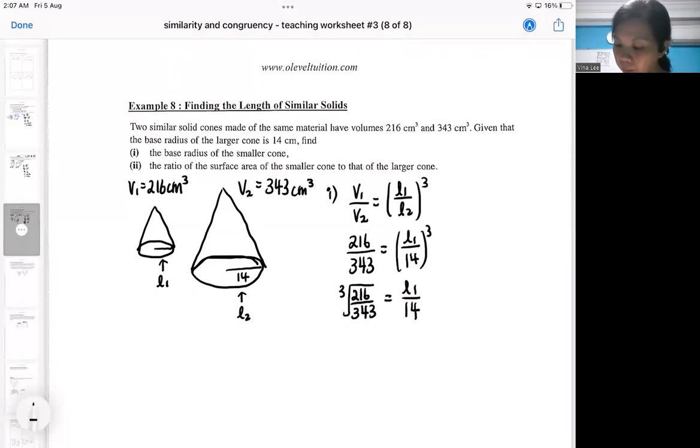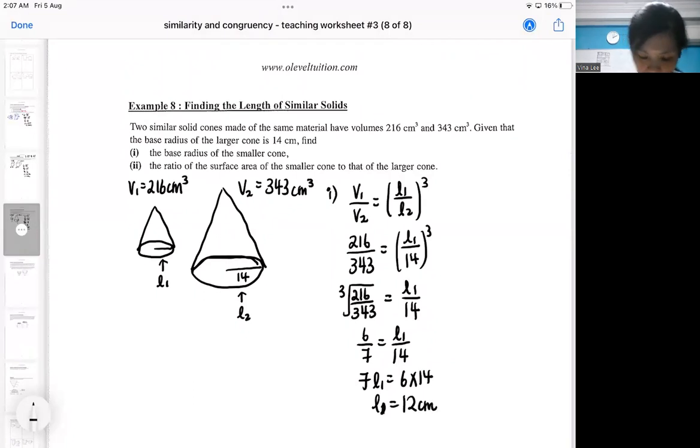If I cube root, I will get 6 over 7. Then I will cross multiply. I will get 12 centimeter. So the base radius is 12 centimeter.